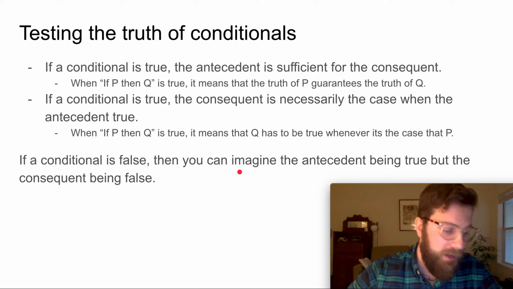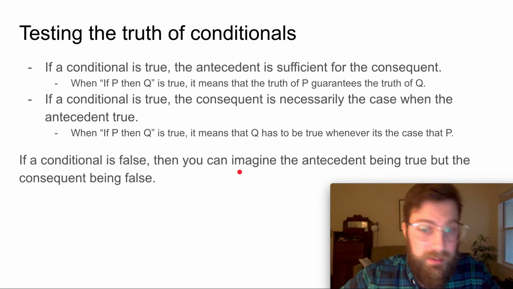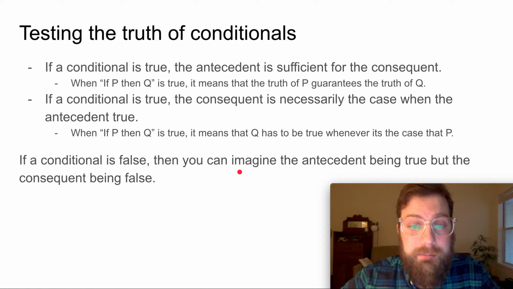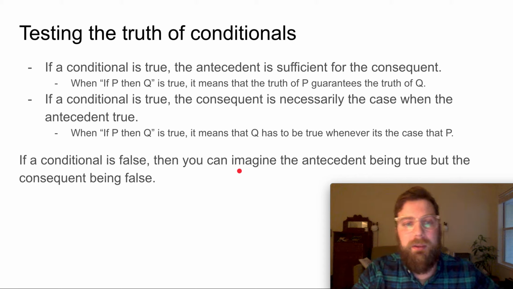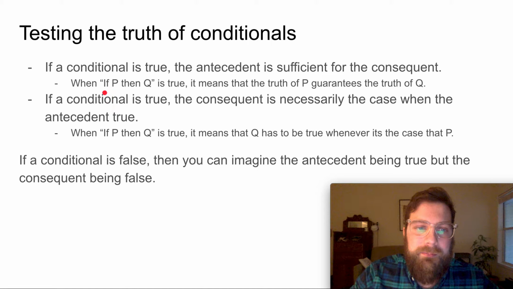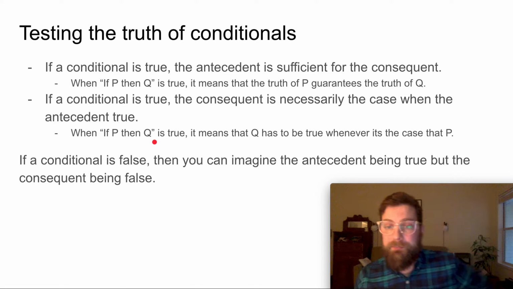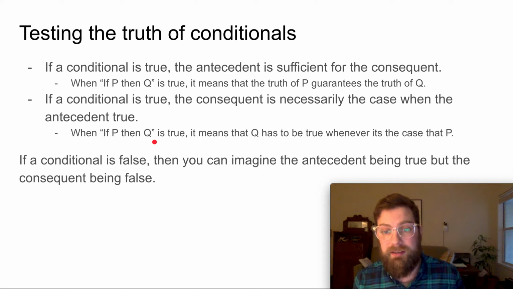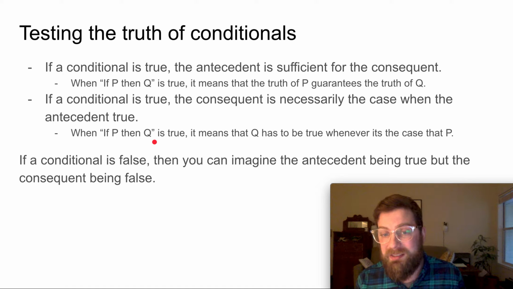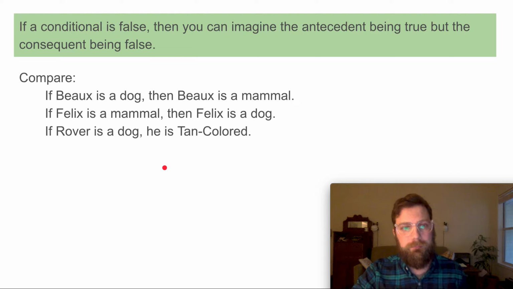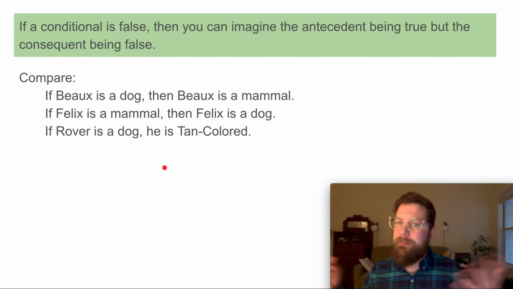And here's the thing. If a conditional is false, then you can imagine the antecedent being true, but the consequent being false, right? Because if you say if P then Q, you're saying that P guarantees Q. Well, the way that you know that a guarantee isn't the case is to see the first thing happening, but never seeing the second thing happening. So let's compare some examples.